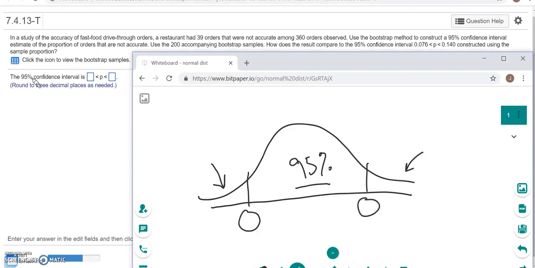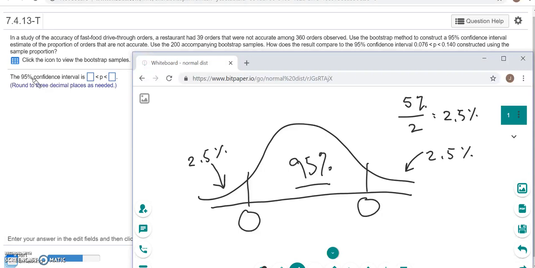But since there are two tails, that 5% needs to be split evenly, half going into the left tail and half going into the right tail. If we take 5% and divide it by 2, we get 2.5%. So the left tail has 2.5%, and the right tail also has 2.5%.